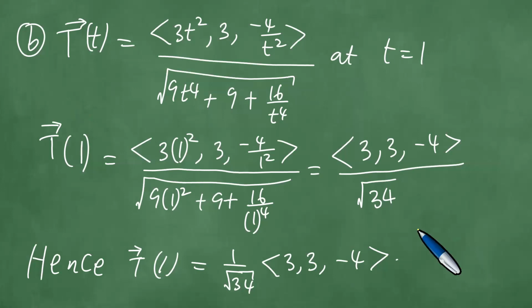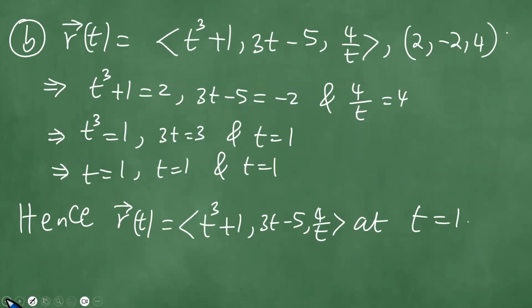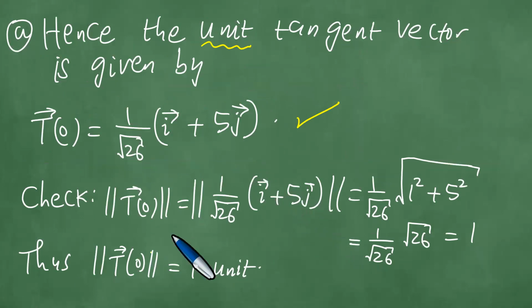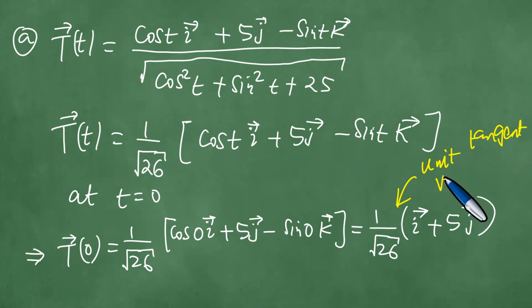It is actually the unit tangent vector for part B, and for part A, we have seen that this one here is the unit tangent vector.